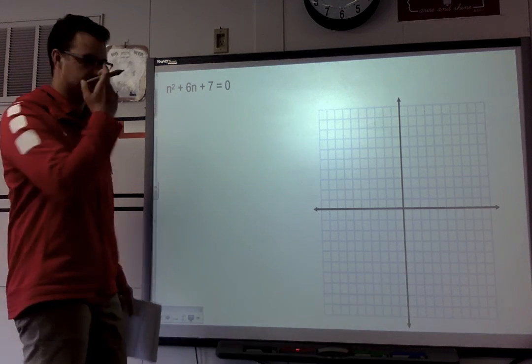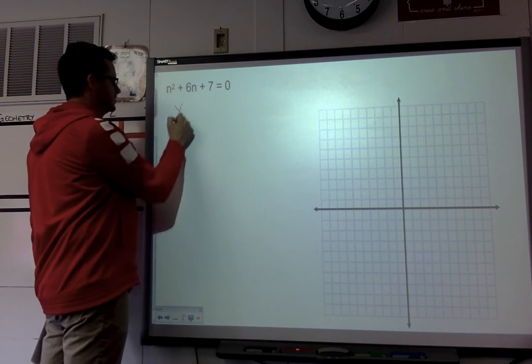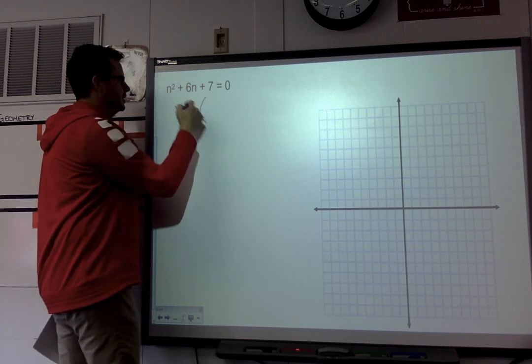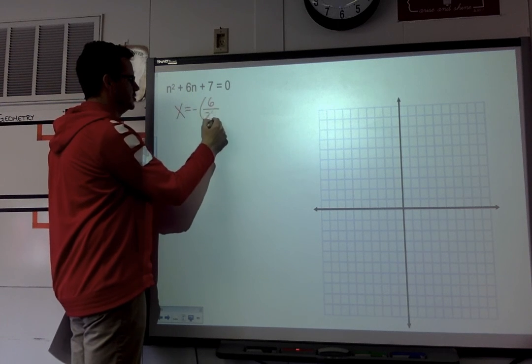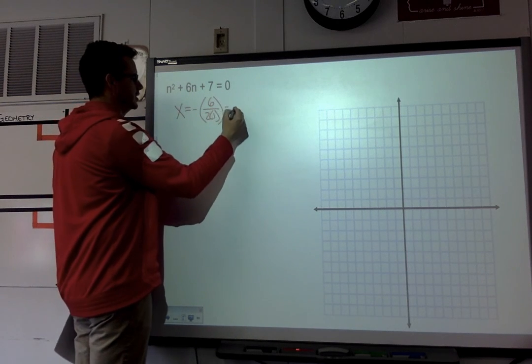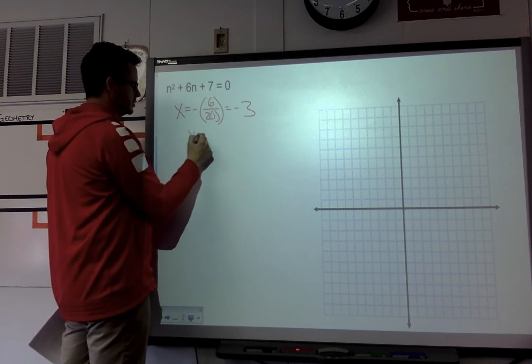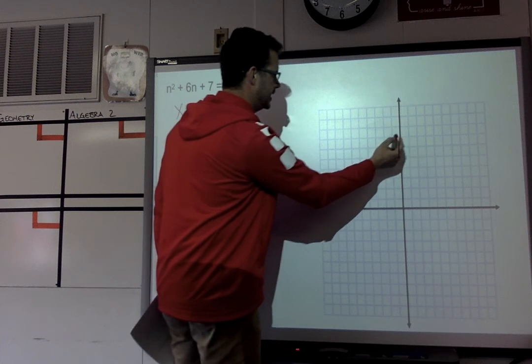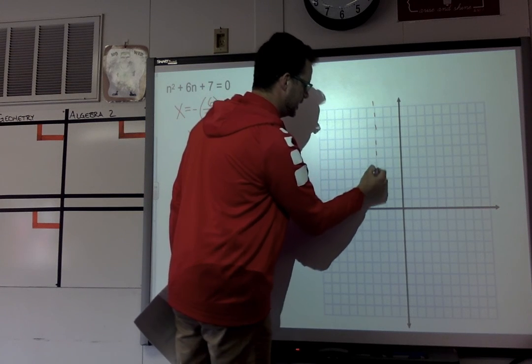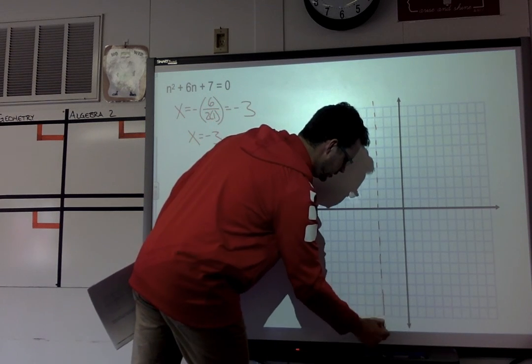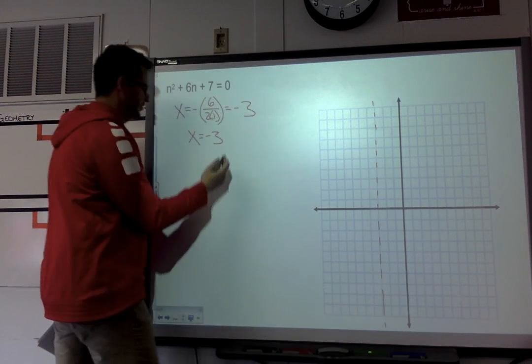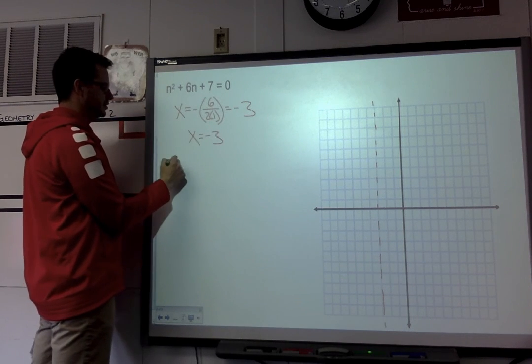We're going to graph it the same way we have been. Axis of symmetry, negative b over 2a would give us negative 6 over 2, which is negative 3. So axis of symmetry at x equals negative 3. Find our vertex by plugging -3 back in.